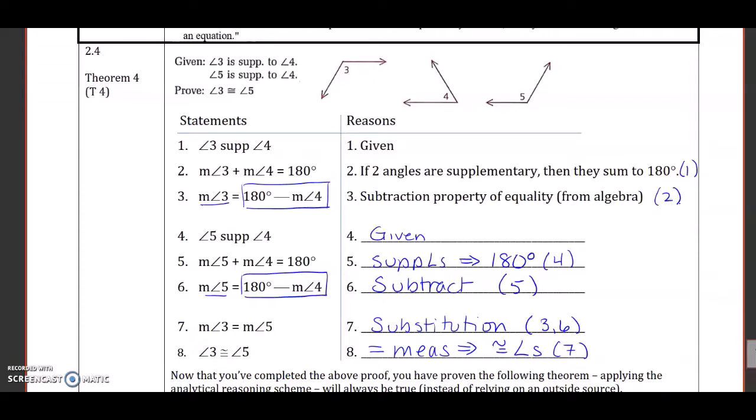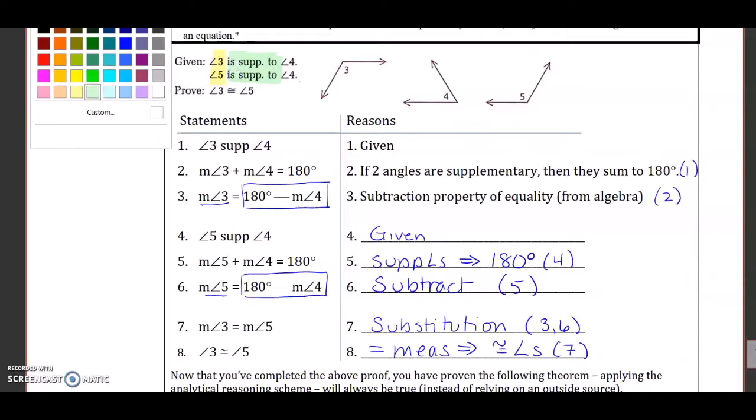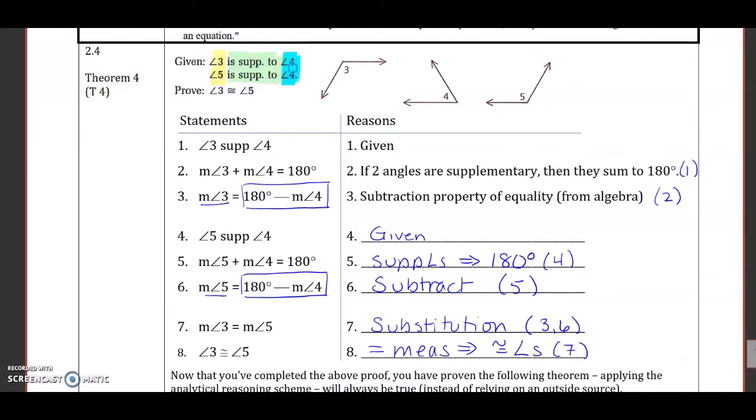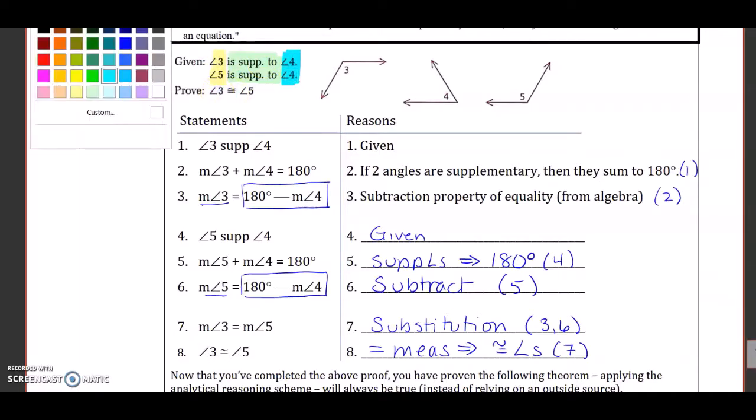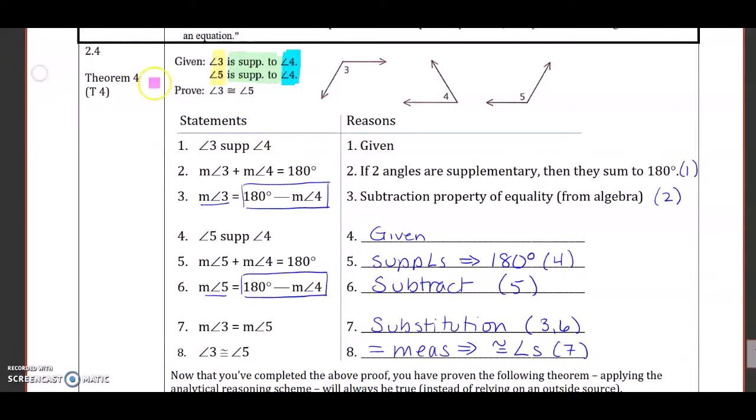Now remember, when you're proving a theorem, this is not how you use the theorem in your homework. This is how you prove the theorem so that you don't have to write an 8-step proof to say, given that angles are supplementary to the same angle, then they are congruent to each other.